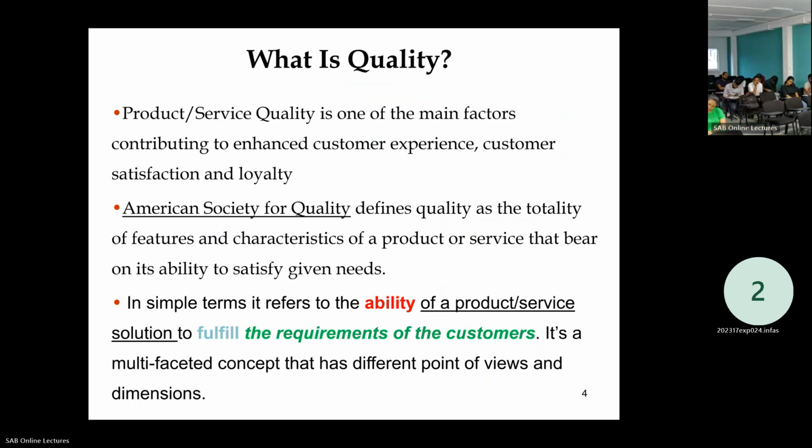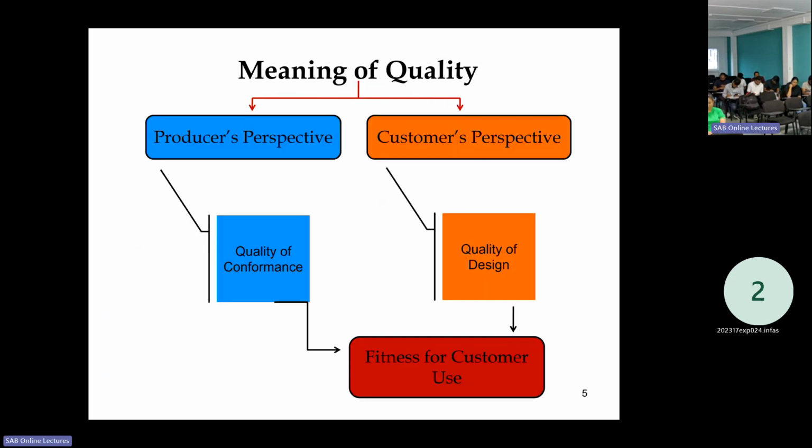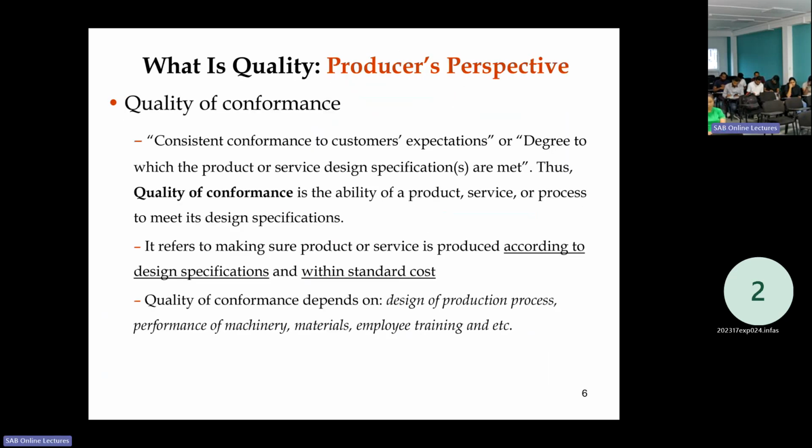Clear? There are different features, different characteristics we consider. As a total, what makes the product unique, what makes the product able to satisfy the customer. So in that respect, I'm not going to explain things in detail here.